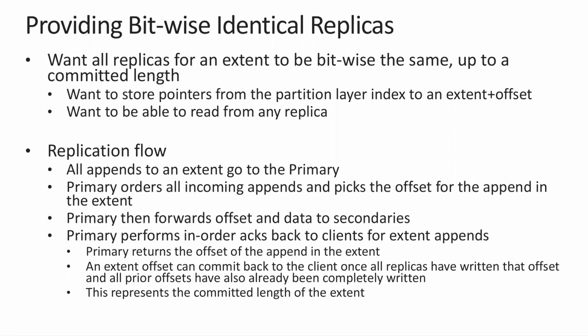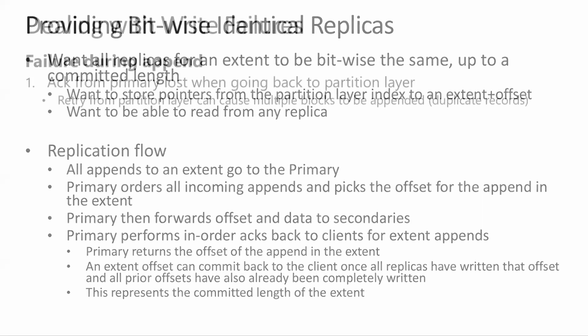And then the replication flow is kind of leader-follower. The leader is responsible for deciding the sequence of data, and the request will go to the leader in that extent node group, and then it will pass the request to the others, right? That we have seen in the previous diagram.